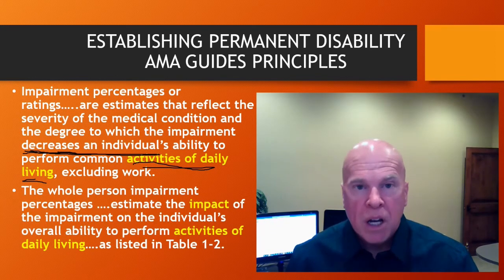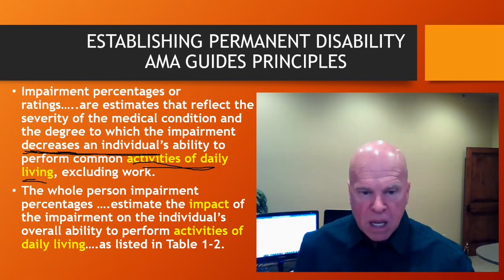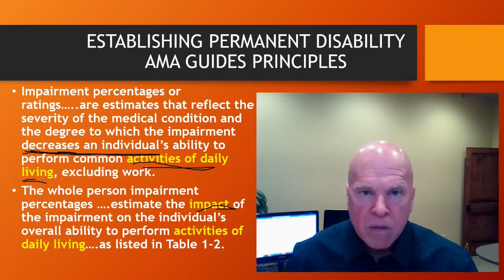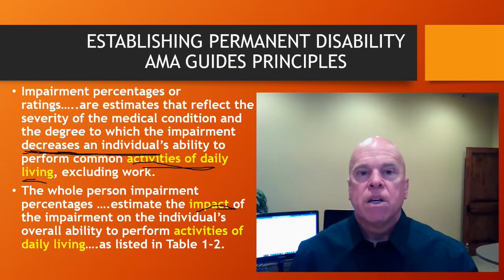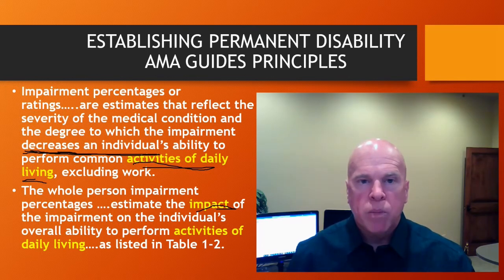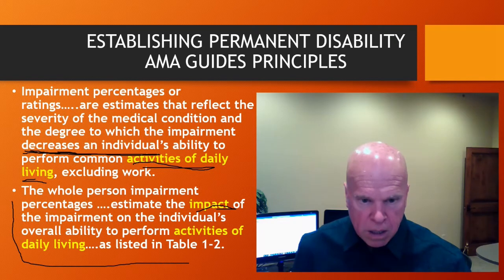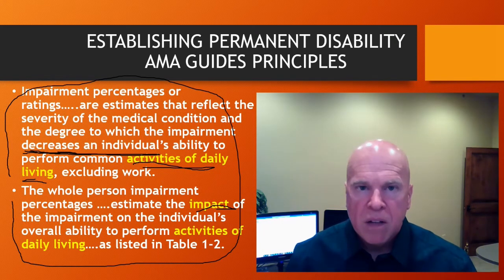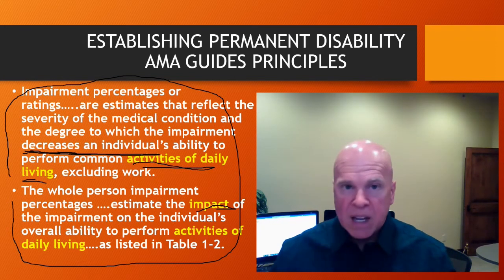Again, the guides confirm that the whole person impairment percentages estimate the impact of the impairment on the individual's overall ability to perform activities of daily living in Table 1.2, thus further confirming the necessity of an excellent activities of daily living assessment in your face-to-face evaluation with your examinee.